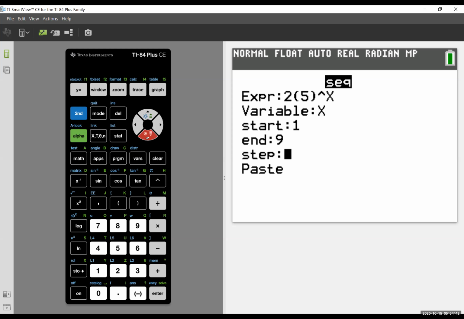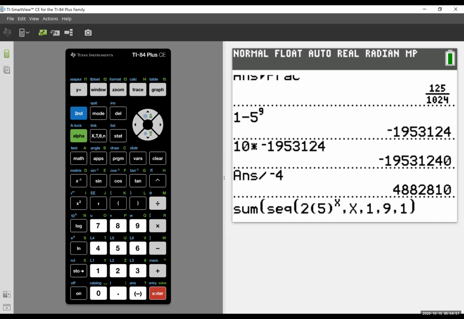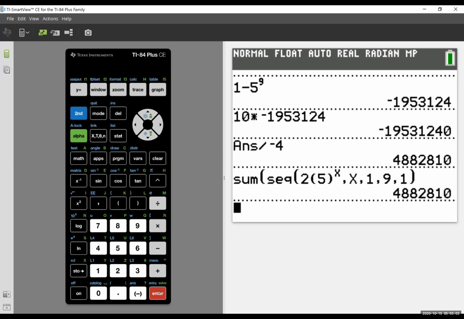And we're taking the sum of each term. So term 1, 2, 3, 4, and 5. So the step is 1. We'll highlight paste. And if you don't have that menu in your TI, you would be entering the syntax in as such, as you see. We can press enter and check that out. We got the same answer with a lot less work.